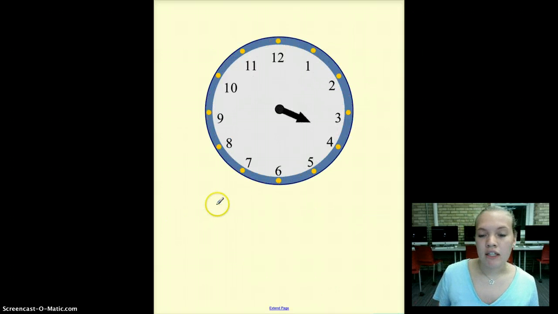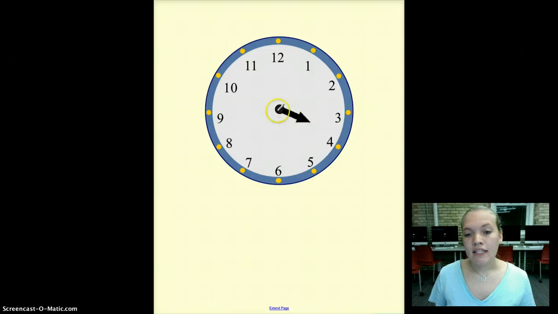Now one thing that can be a little confusing is when this hour hand is not pointing directly towards any number. In this picture, we can see that the hand is pointing right in between the 3 and the 4, right about here. So it might be confusing to know what time it is telling us, but it's still saying that it's 3 o'clock because it has not yet reached the 4. So any time that the hand is between this point and about this point, we can say that it's 3 o'clock.